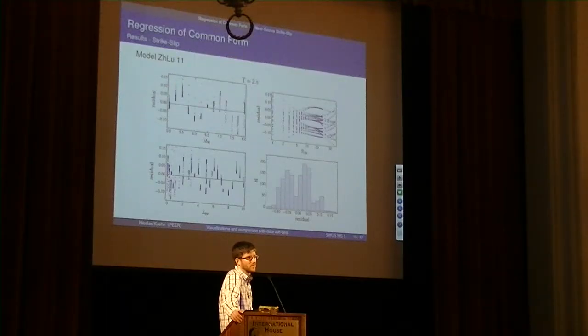Their model, this is not comparing with data. This is comparing his ability to fit their functional form. That's what this plot is. So he's got a magnitude break in his slope, so his functional form, which is breaking at 6.5, exactly, with a quadratic term, is able to reproduce the Zhao and Liu model to this tolerance.